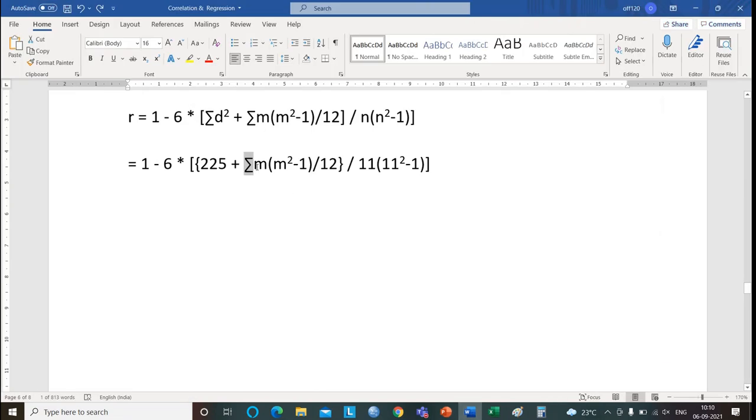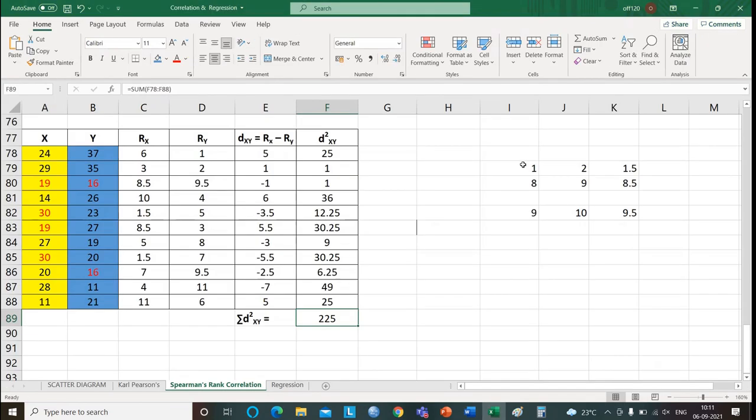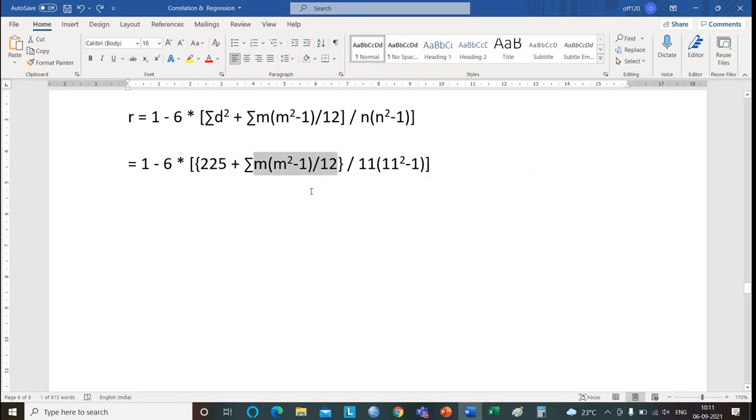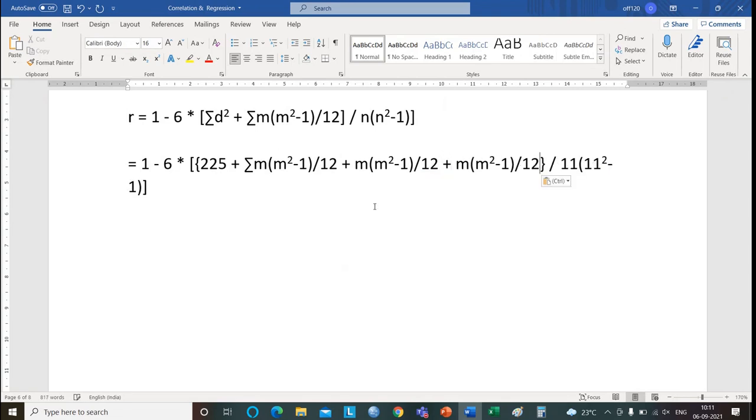So instead of writing all these terms, I have simply written summation over here. How many times do I have to repeat this expression? In our problem, how many times have we got a tie between ranks? We have got 3 ties. 3 times there was a tie between the ranks, so this expression has to be repeated 3 times.